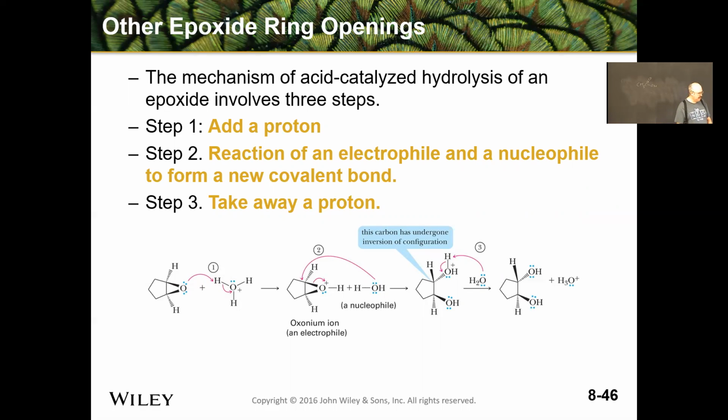Okay, so hydronium ion is present at the beginning, it's present at the end, and so it is a catalyst. Right, so the first step is the oxygen of the epoxide picks up a proton. Water acts as a nucleophile. It attacks one side or the other.